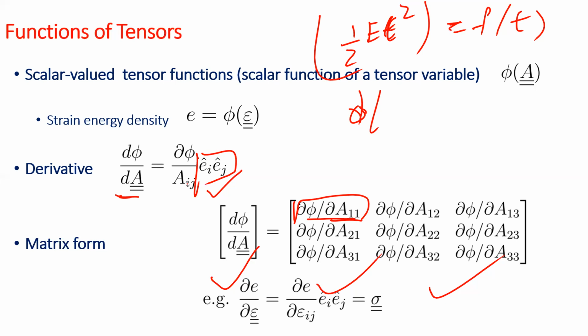Typically in nonlinear mechanics, where you first define the strain energy as a function of strains and strain rates, and from there you try to identify what the expression for stress is. So that is where this particular use of scalar valued tensor functions comes in primarily.